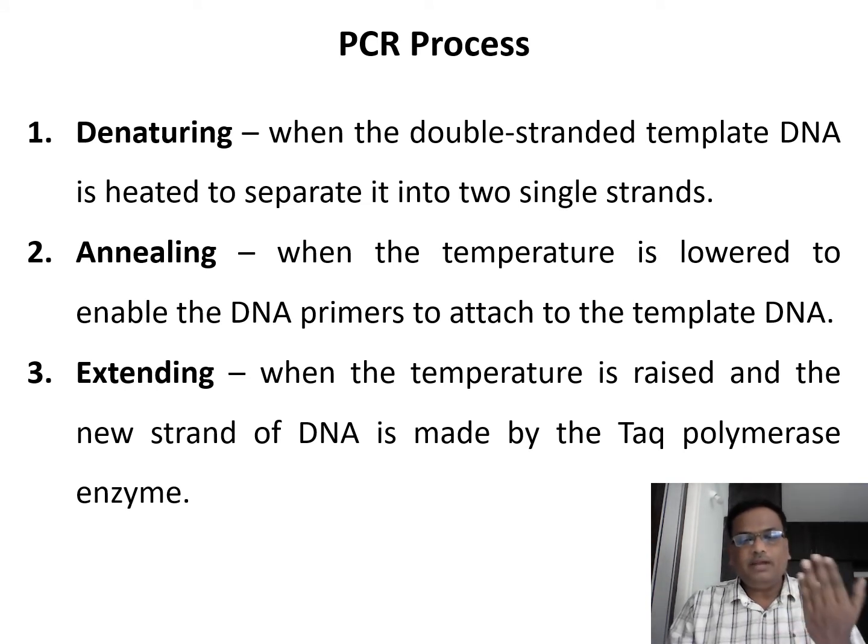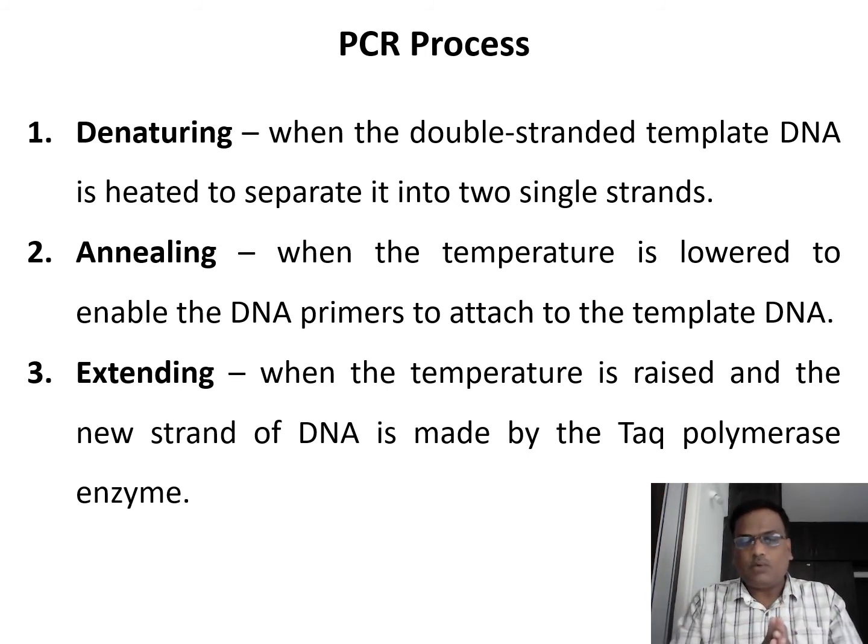Once the primer is attached, the temperature is again adjusted so that the primer and Taq polymerase together start producing the complementary strand on the template strand. In one cycle, just imagine you have only one copy of DNA as a template, right?